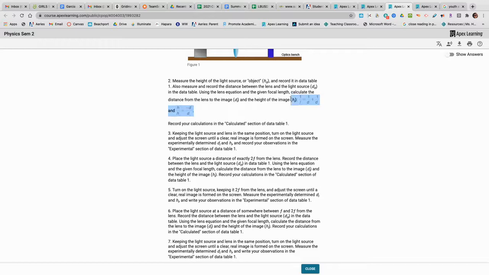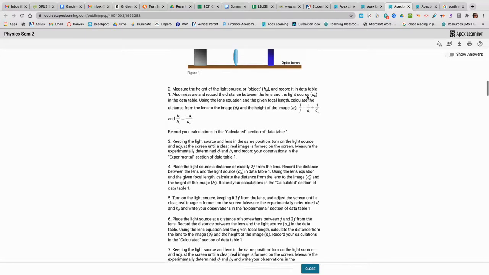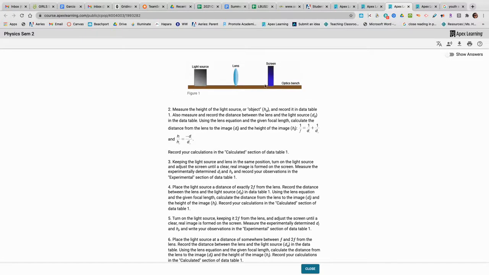First of all, you have 1 over f equals 1 over di plus 1 over do. Hopefully at this point you already know what these mean, but they do define them a little bit here. Remember, f is your focal length. Di is the image distance, in other words, the distance that the image forms from the lens.